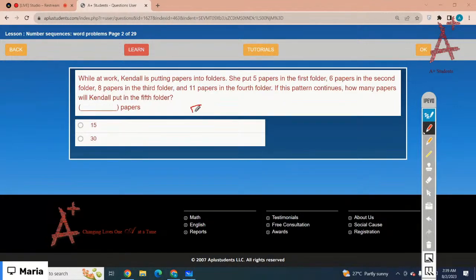Okay, so 5, 6, 8, and 11. 5 plus 1 is 6, 6 plus 2 is 8, 8 plus 3 is 11. That means you are adding.